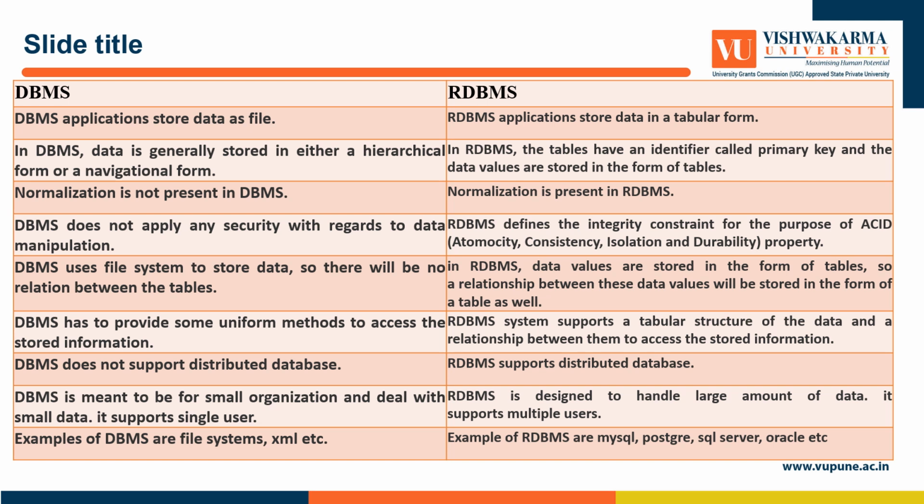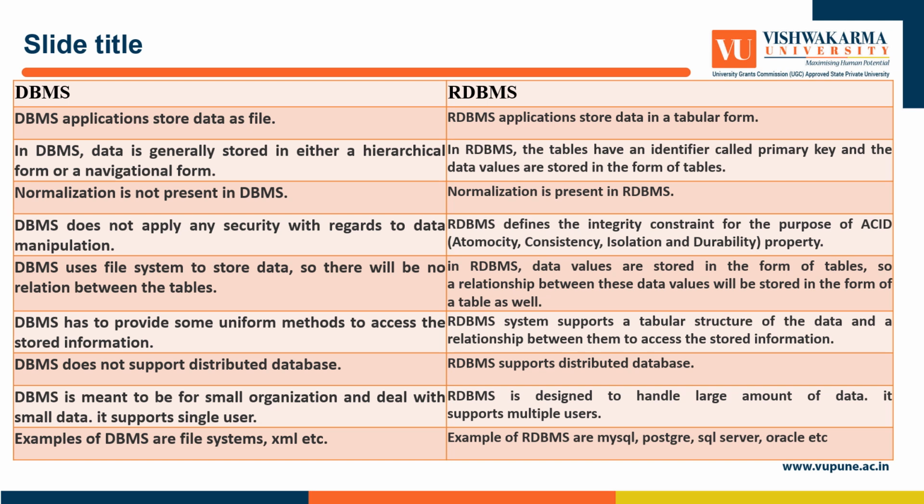DBMS provides some uniform methods to access the stored information. An RDBMS supports a tabular structure of the data and relationships between them to access the stored information. DBMS does not support distributed data, while RDBMS supports distributed data.